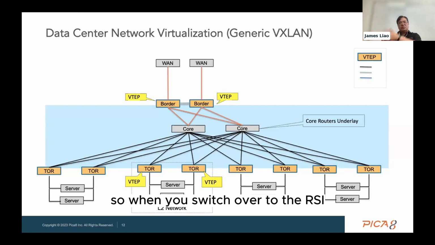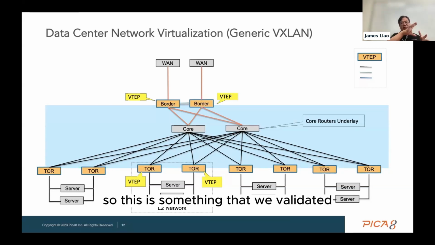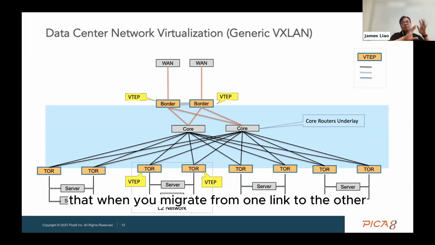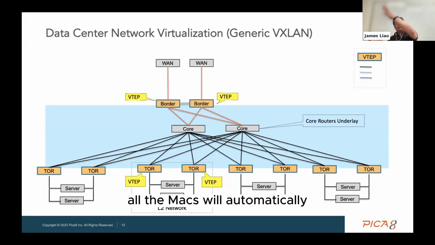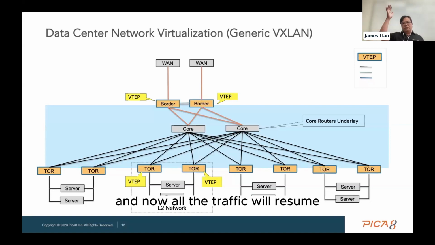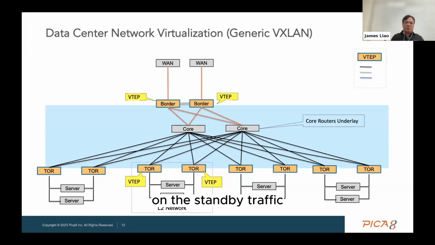When you switch over to the other side, we have technology. This is something we validated with one of our key customers: when you migrate from one link to the other, all the MACs will automatically forward to the other side. We solved the MAC mobility problem, and all the traffic will resume on the standby link.